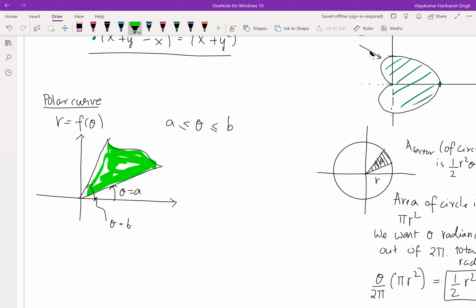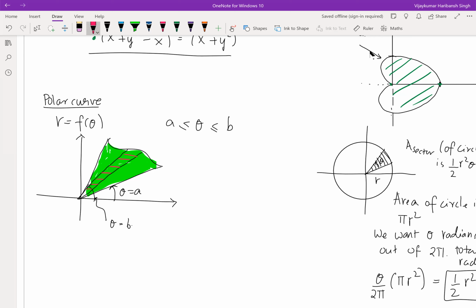So how do we go about it? We will try to use an approximation using the sector. We have a small slice here, and we want to find the area of this slice.